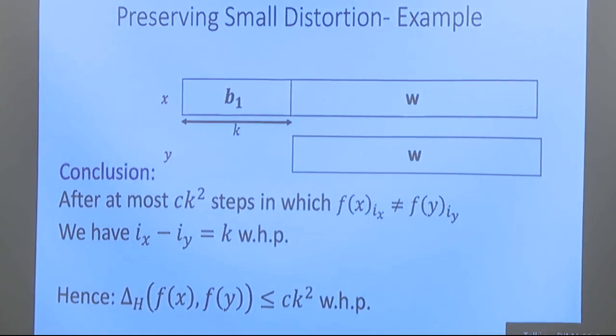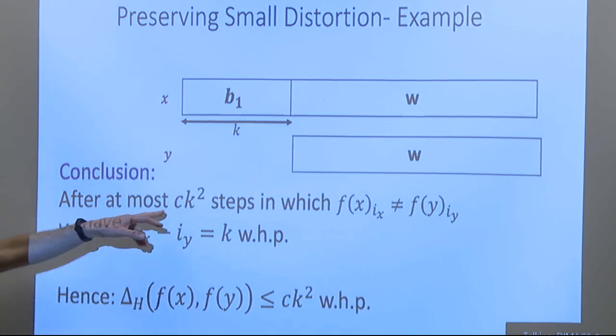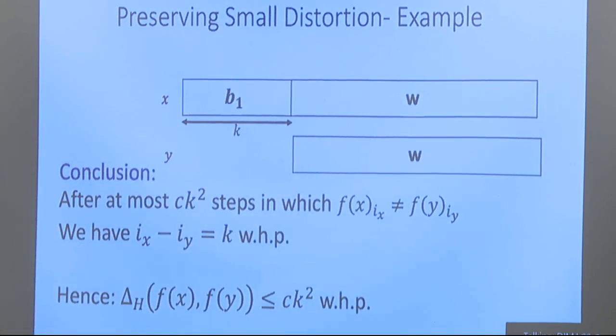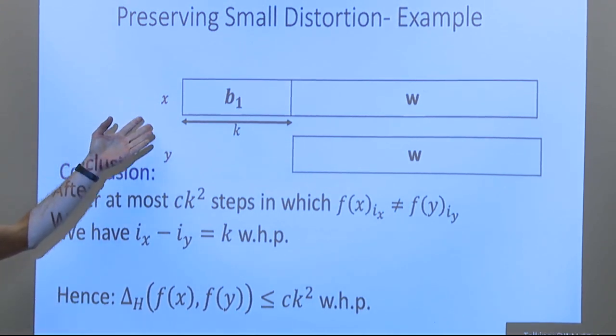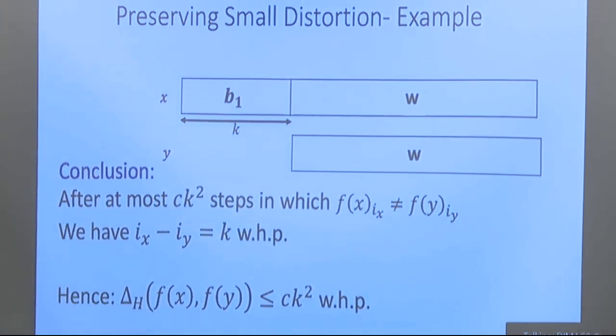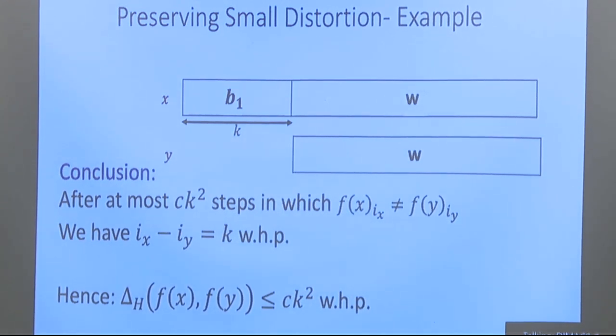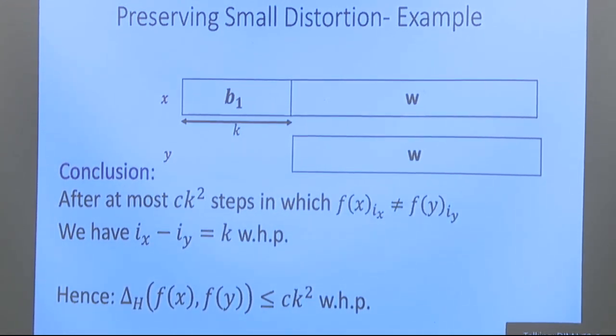So the total number of mismatches will be bounded by c times k squared with high probability. This is almost a proof for this example, but the proof is not much more difficult in the general case. Okay? So that roughly contains the main idea of the proof.